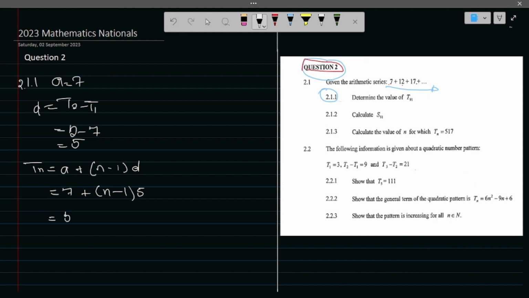So it's going to be 5n, because it will be 5 times n, and then 5 times 1.